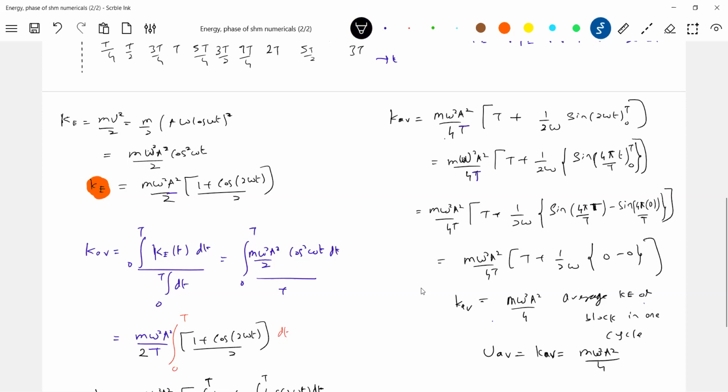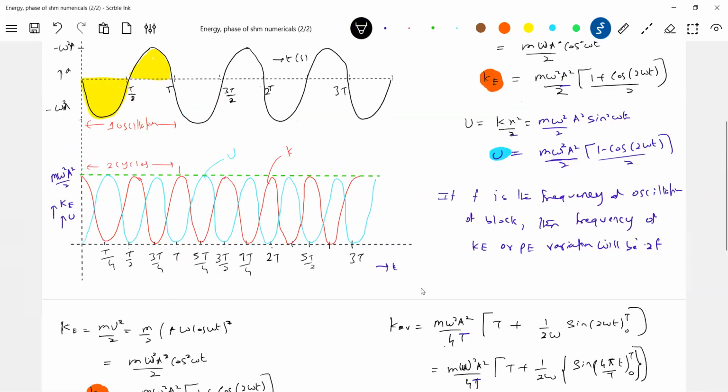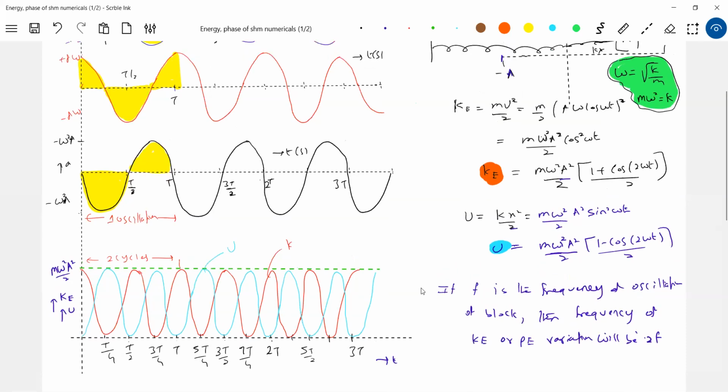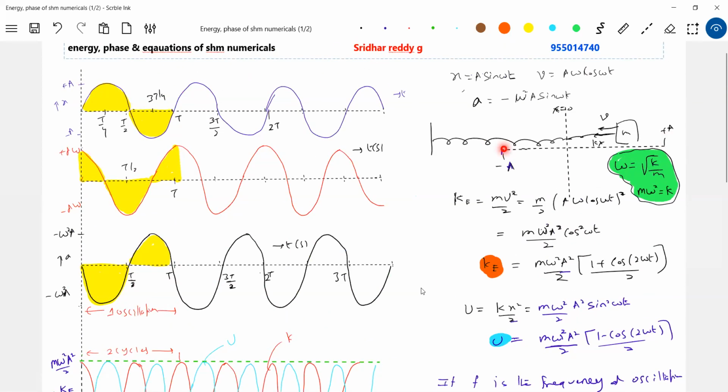Okay, now this is about the function of time. I may ask you any other questions like this. So what is the average speed in one full cycle? Zero, no? Average speed in half cycle, you can find out. What is the average speed when the particle moves from right extreme to left extreme?